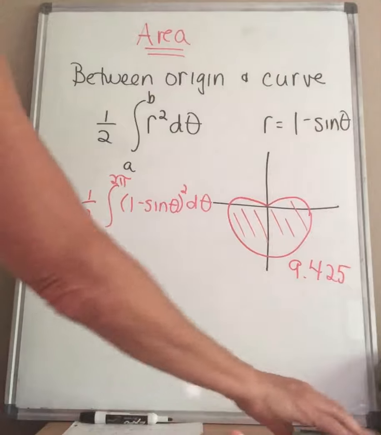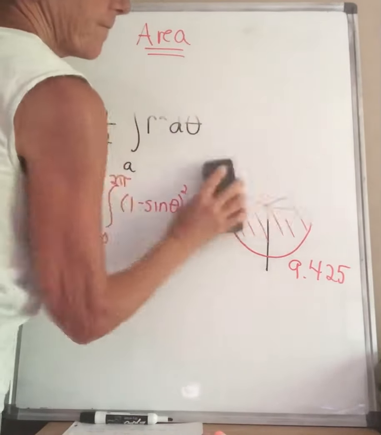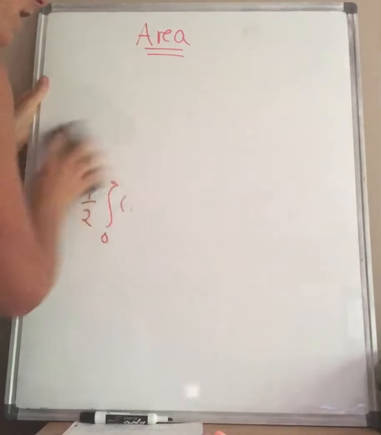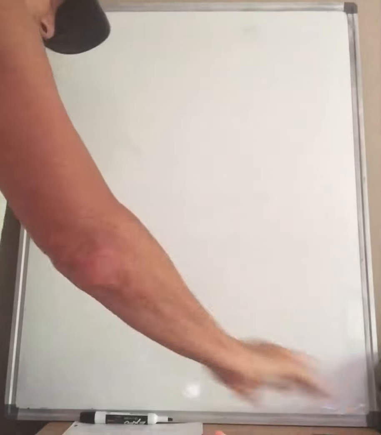One more thing that we can possibly do is find the area between two different polar equations, between two polar curves.